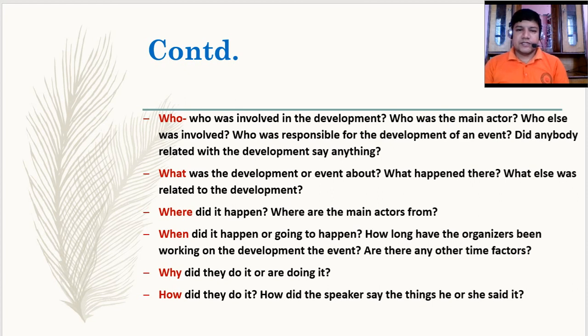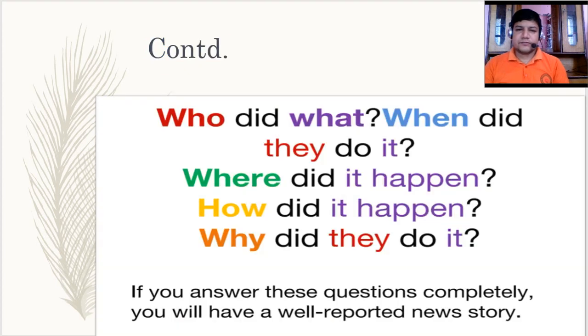So your writing should include the answers to these questions. In other words, you have to write who did what, when they did it, where it happened, how it happened, why they did it. So answer these 5 W's and 1 H questions in your news writing, in your news report.